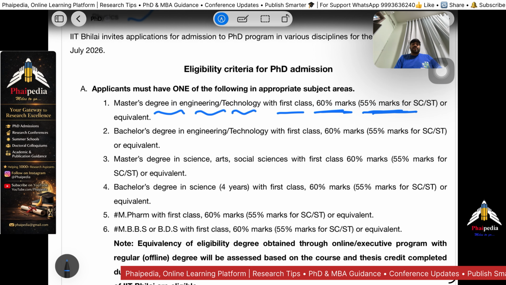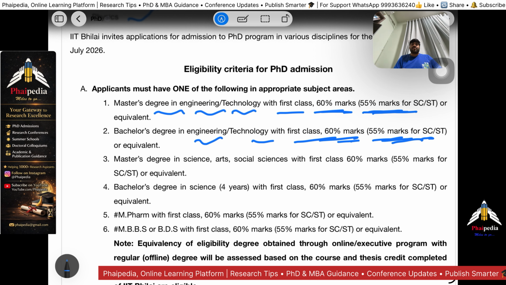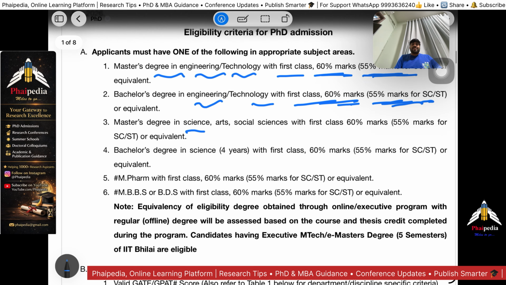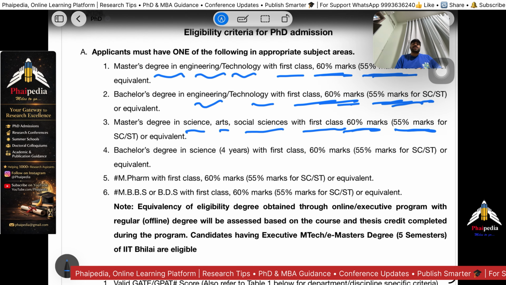Second, you should have a bachelor's degree in engineering or technology with first class, 60% marks, and 55% marks for the SC or ST category, or equivalent. You should have a master's degree in science, arts or social science with first class of 60% marks, and 55% marks for ST and SC category, or equivalent.